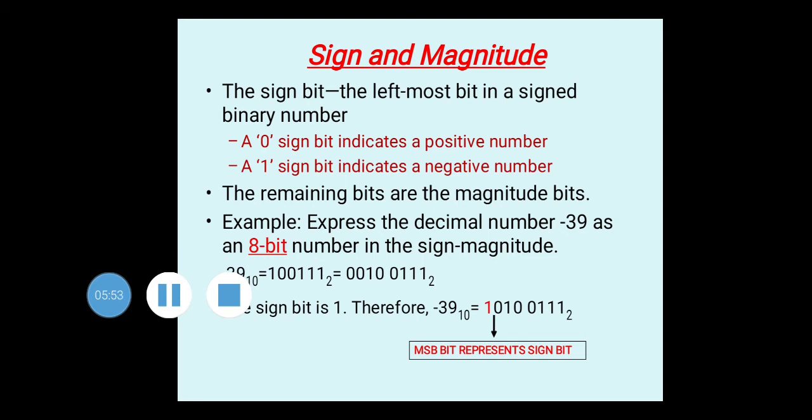So this minus sign we have to attach with this value. For that purpose we have attached two zeros. Here we are grouping it into four bits.